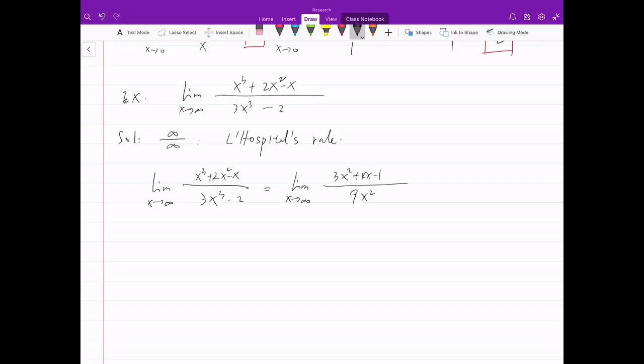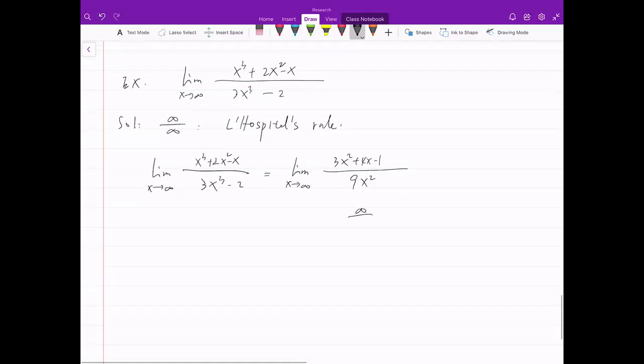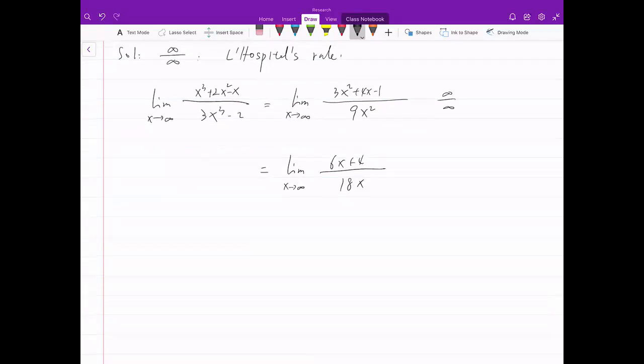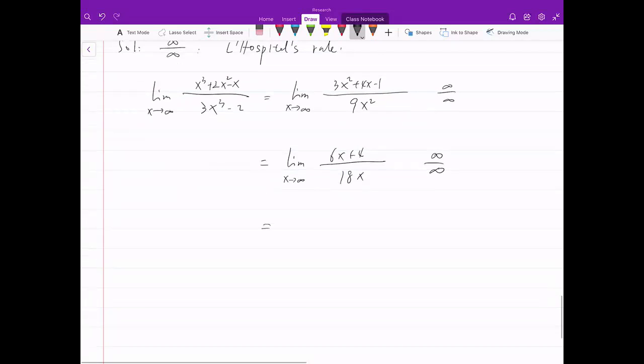Now, what's the limit? Plug in. Do you have infinity over infinity again? Yes, then L'Hopital's rule again. Okay. Plug in, what do you have? Infinity over infinity again. All right, then L'Hopital's rule again. What's the limit? 1/3.